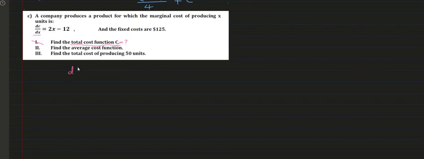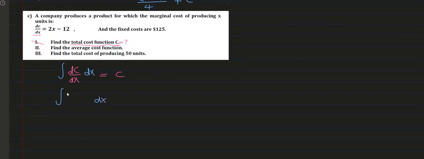What is the operator we have to do and apply over the dC by dx in order to obtain the C without a derivative? If it was multiplied by 2, we know that we divide by 2. If it was plus 4, we know that we will subtract 4 to cancel it. Now, if it is the derivative, we will apply this operator to get rid of it in order to obtain the C. And here we go.